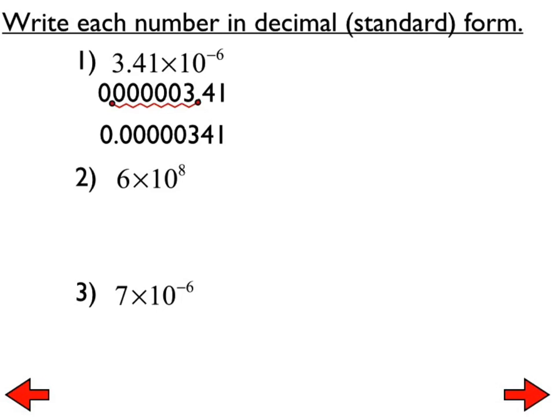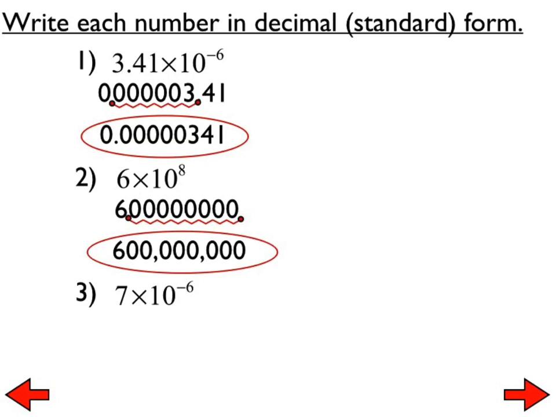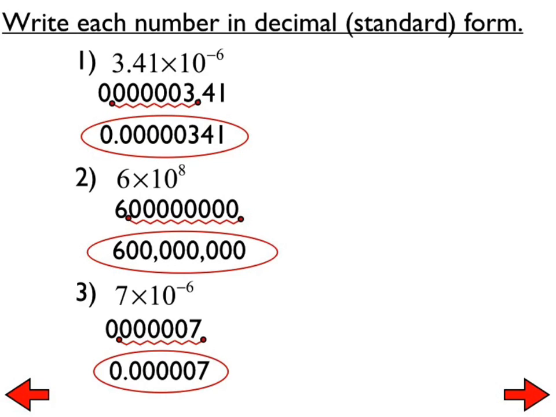If the exponent on the power of 10 is negative, that means we have to make the number smaller, and the only way to make 3.141 smaller is to move the decimal to the left. Same thing if we have a positive exponent for the power of 10. That would mean we would need to make the original number bigger, so we would have to move it to the right. But whatever it takes for you to remember how to write numbers in standard form. Standard form is taking a number out of scientific notation.